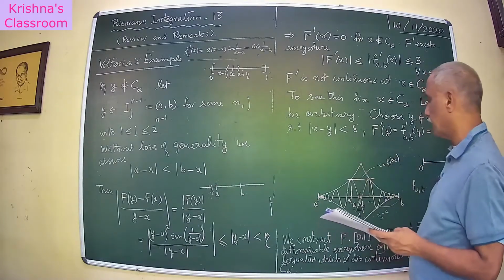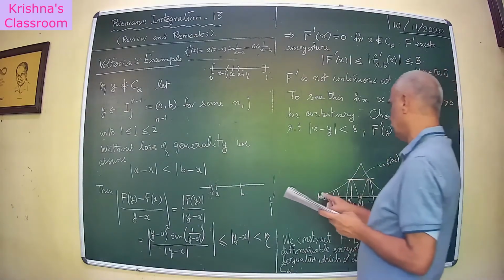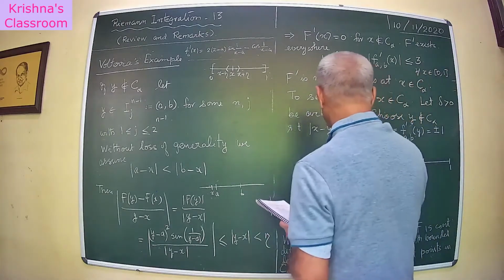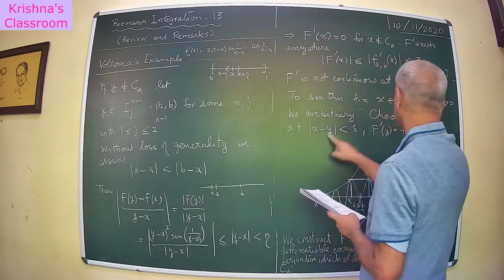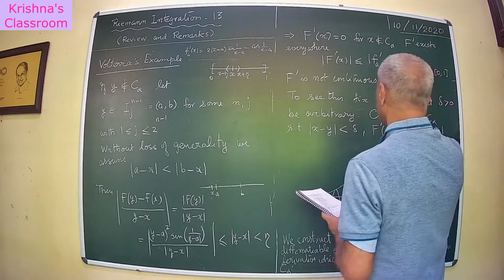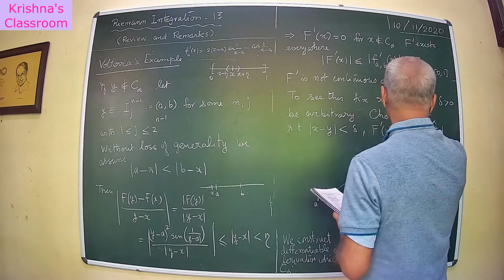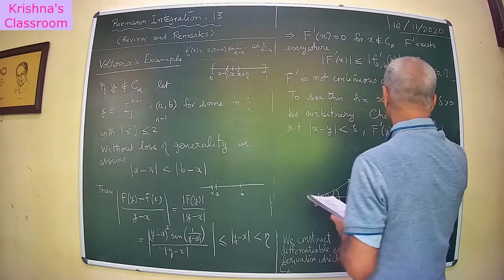That means suppose this is your x at some point, then there is a y that you choose, where x you fix in C alpha, but y not in C alpha.